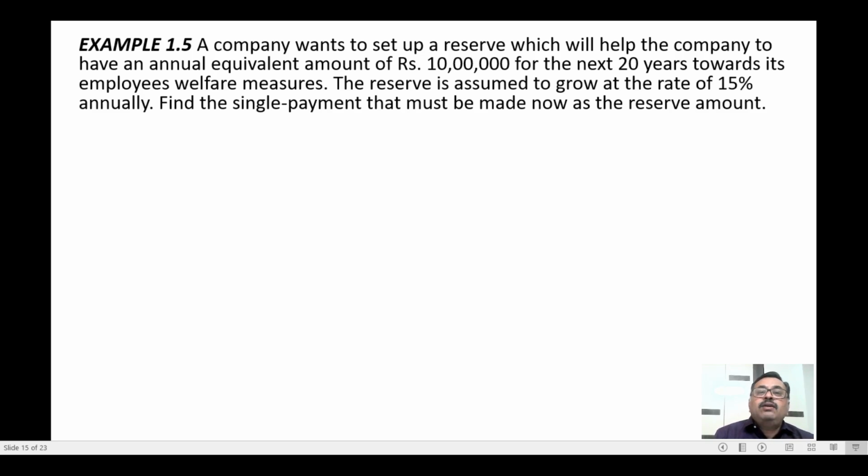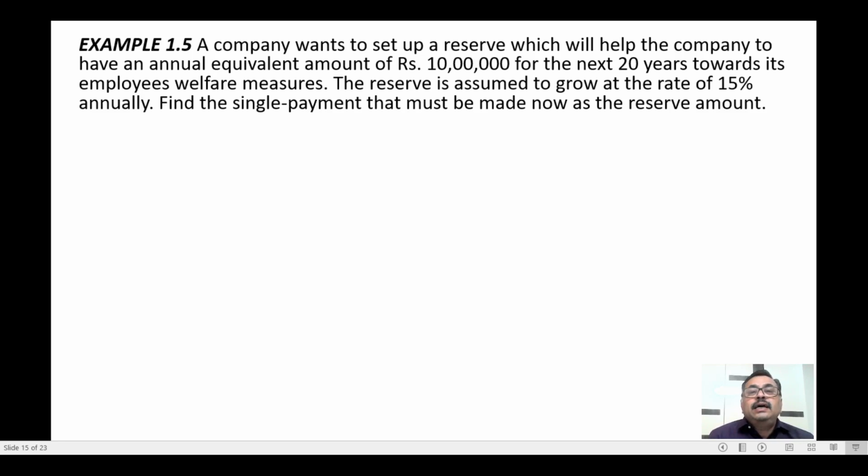That means the annual amount that the company is keeping aside or reserving is 10 lakh rupees for the next 20 years for the employee welfare measure, either towards his PF, or towards his layout planning, or to give some welfare whenever some casualties happen in the organization. For that they are keeping that 10 lakh rupees aside every year.